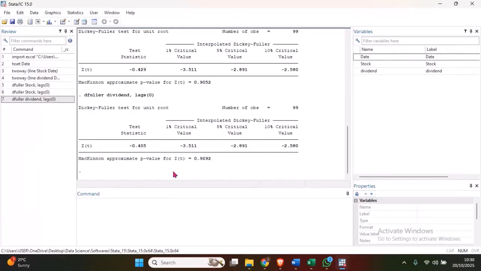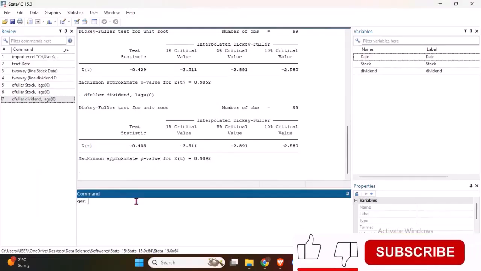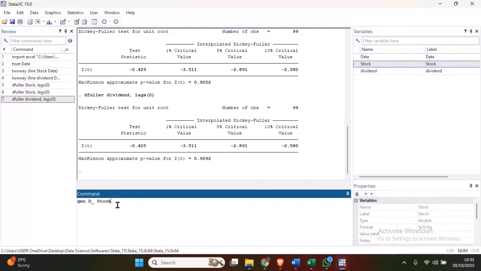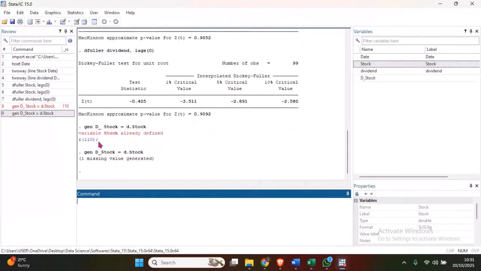So we generate a new variable. We generate a difference variable of stock, which is equal to a difference of stock, D stock. Sorry, there is a space there. So you generate the first difference of stock.